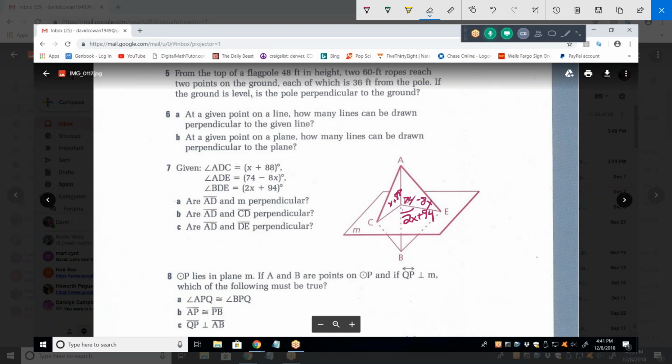So no for A. Are AD and CD perpendicular? Well, x would have to be 2, correct? Yeah, x would have to be 2. If x is equal to 2, then AD and CD would be perpendicular, but only if x is equal to 2.